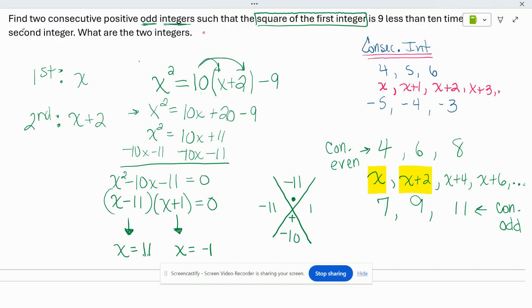Are both of my answers positive? No. This one is not positive. So it's not a good answer because it's not positive. We're only looking for odd positive answers. So that means that x is 11. The first integer that we're talking about is 11, and the second integer is 13. Those are your two answers.